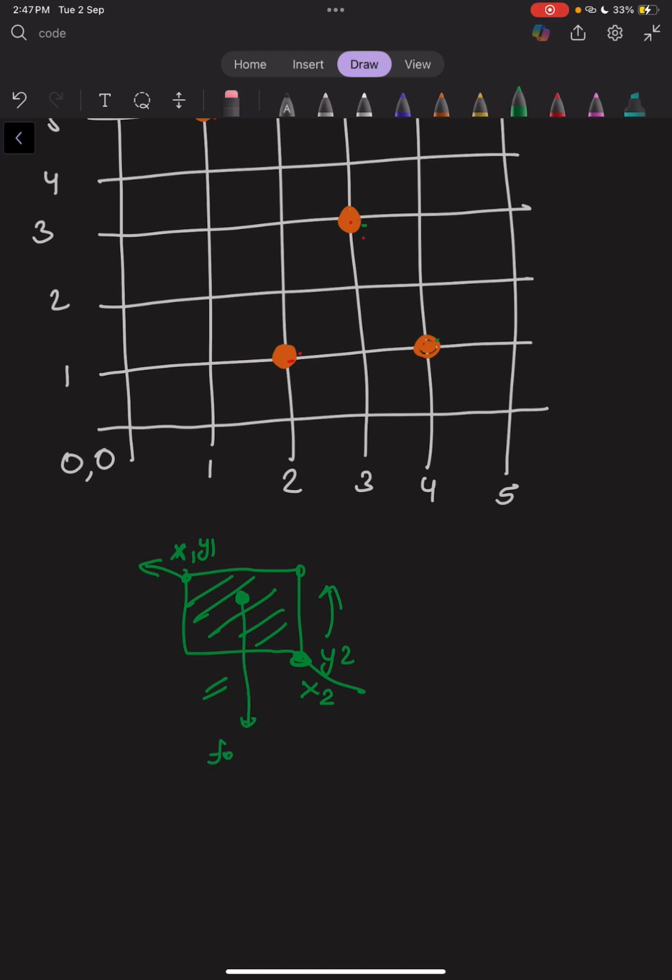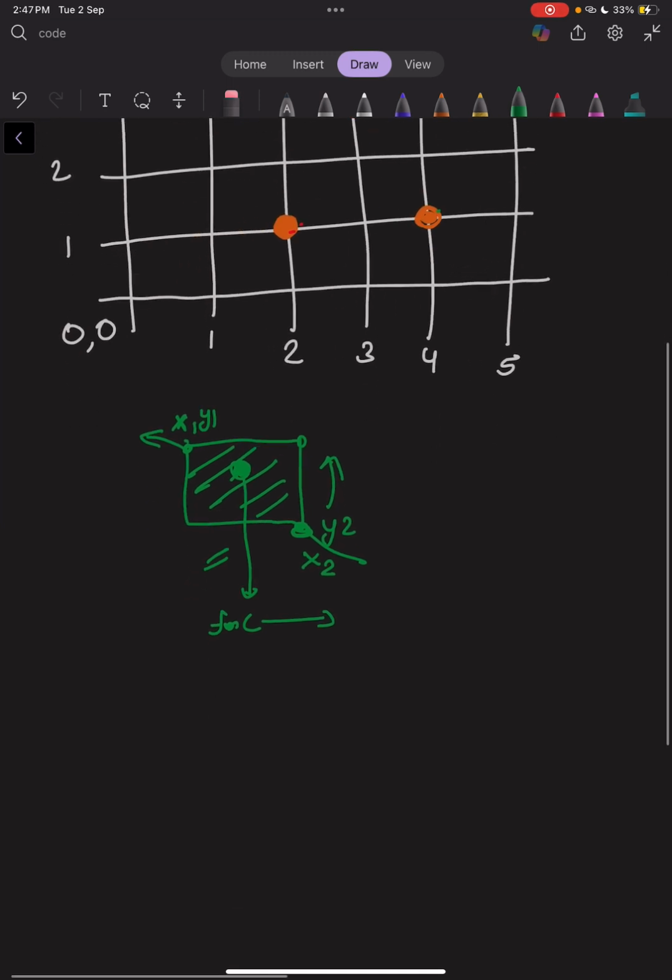We will run another loop, and in that we will find out whether any other point is coming under this rectangle or not, being intersected or not. Basically, if we consider this as x3 y3, then x3 should not be greater than or equal to x1 and lesser than or equal to x2.